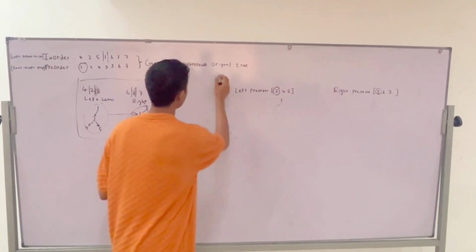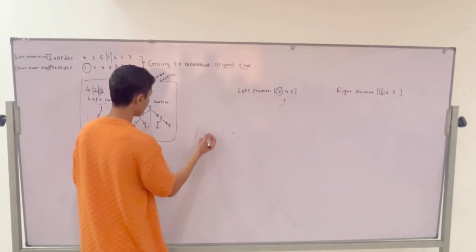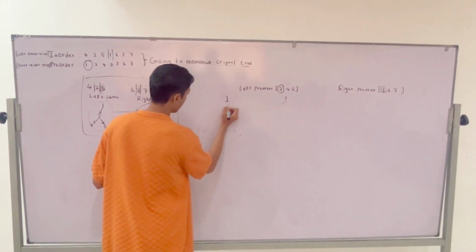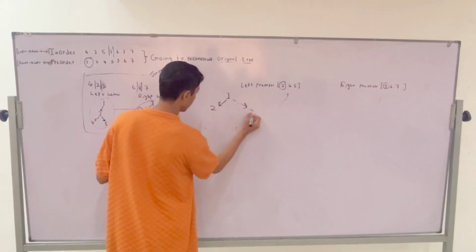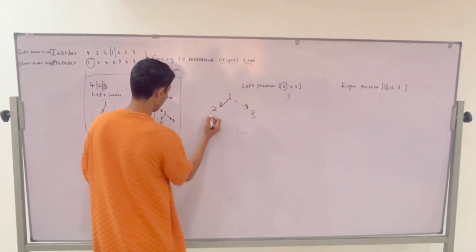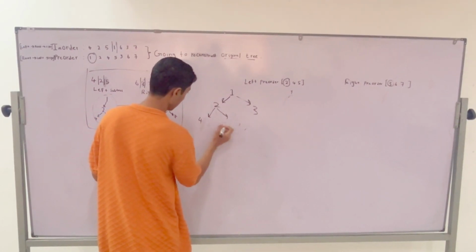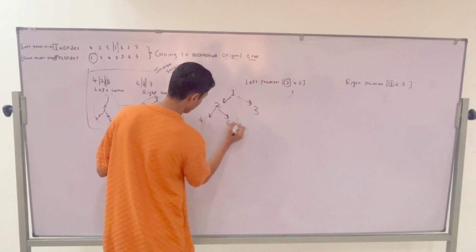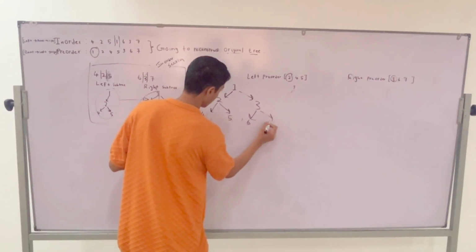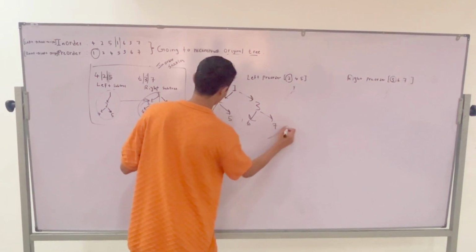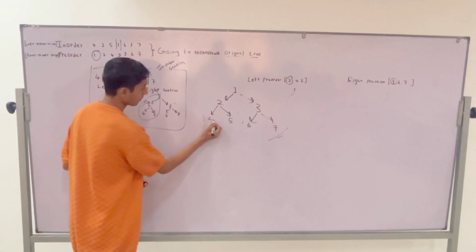And finally we are going to reconstruct the original tree. So 1, and then we will go to 3, afterwards 4, 5, 6.